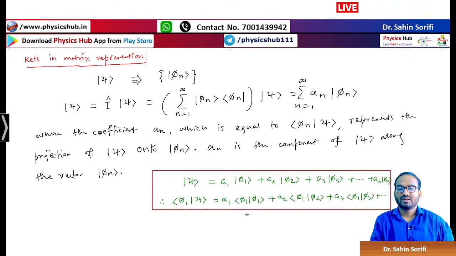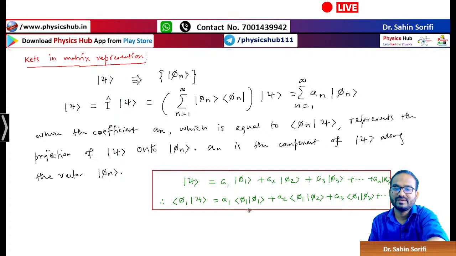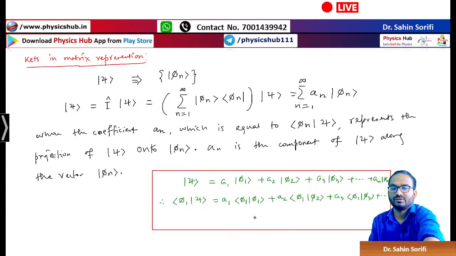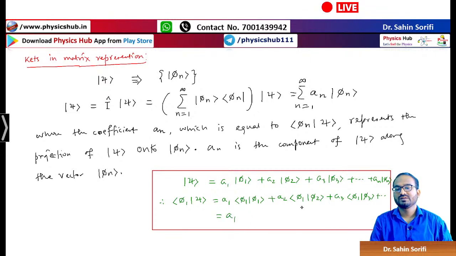Which term will survive? Obviously the a1 term will survive, because phi 1 phi 1 is 1, while 1 2 is unequal so it becomes 0, and 1 3 is unequal; every term will be zero except this one.